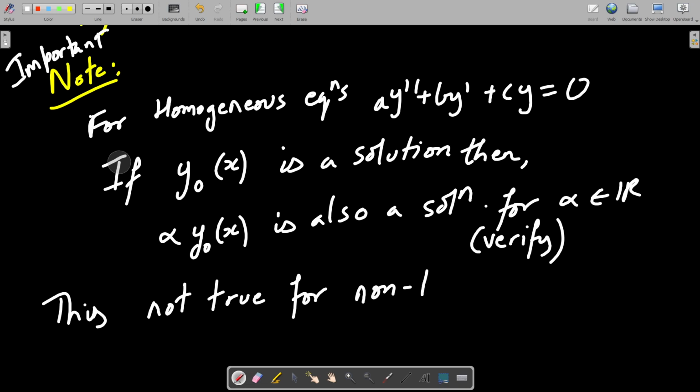This is not true for non-homogeneous equations.